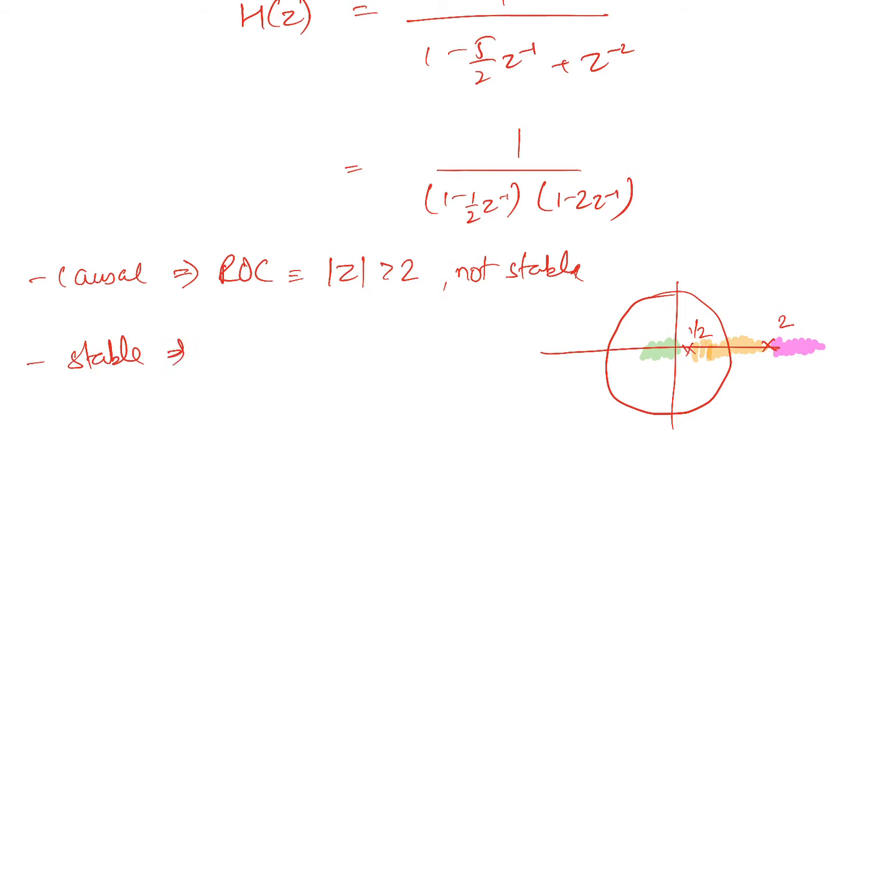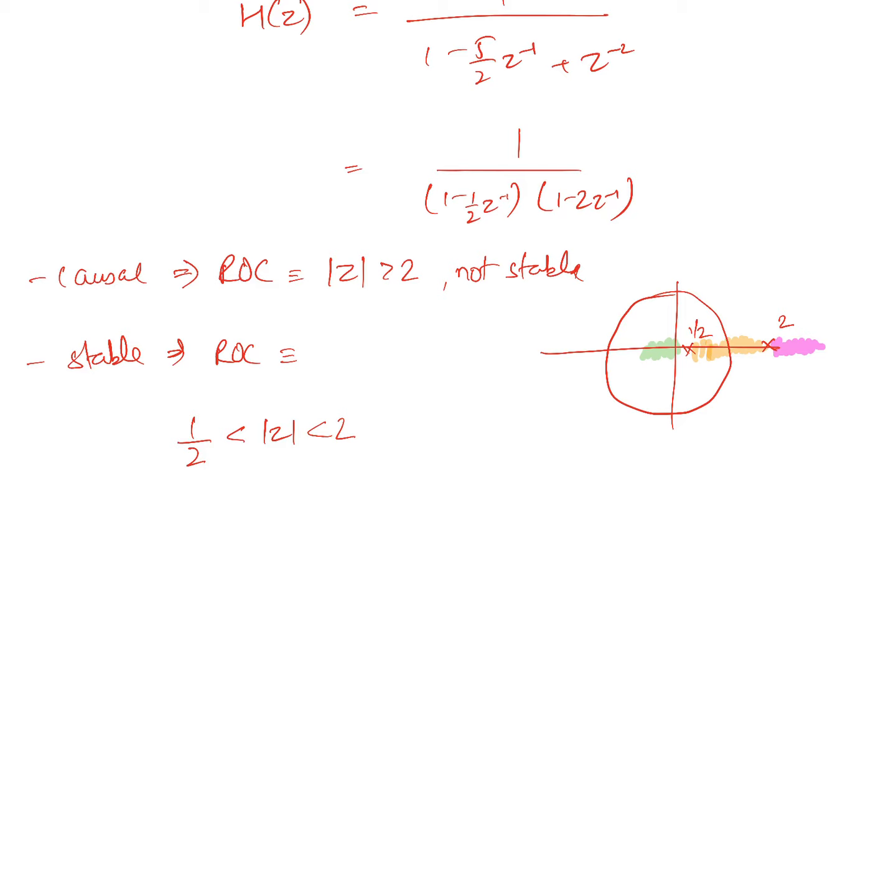But let's say you want your system to be stable. Then you need the ROC as an annulus. That is, your ROC should lie between 1/2 and 2. Because it should include the unit circle, and only with this region would the unit circle be included.